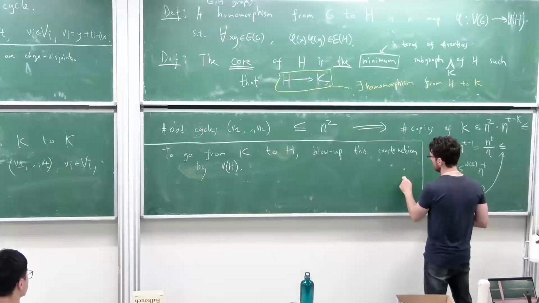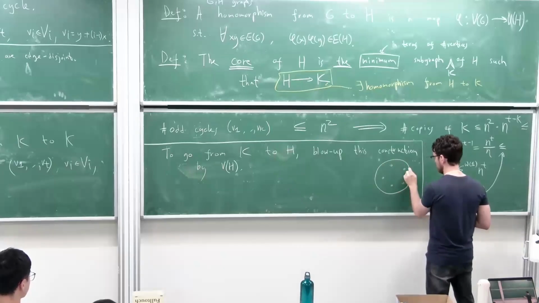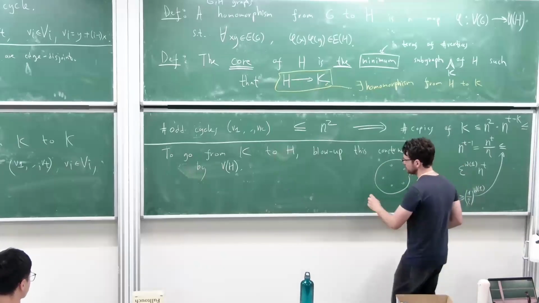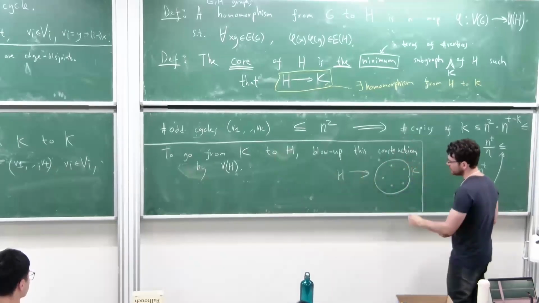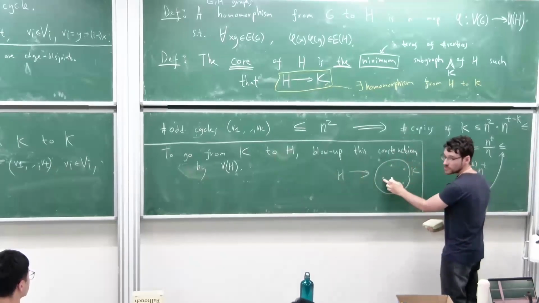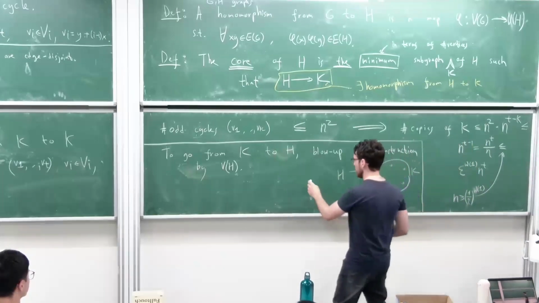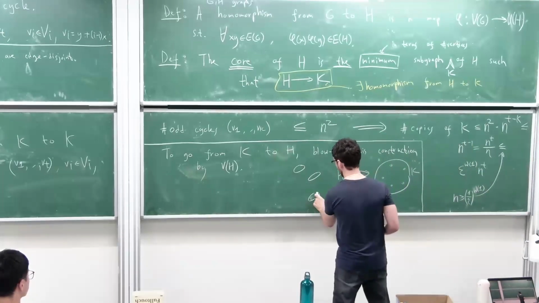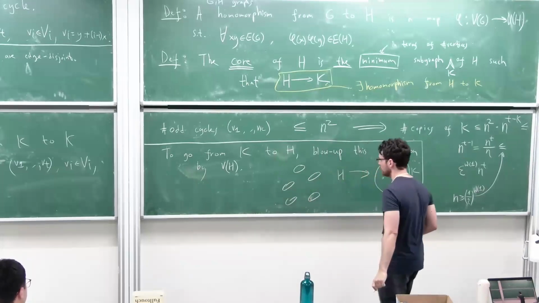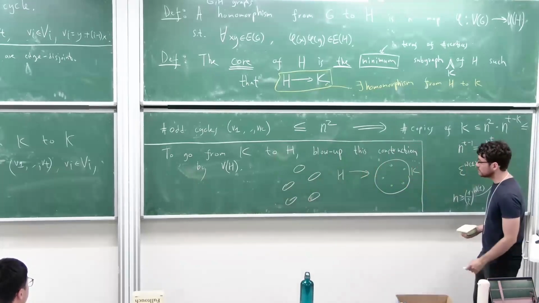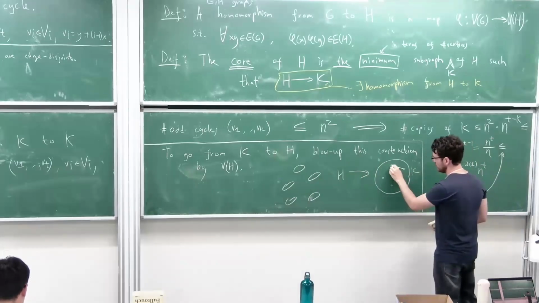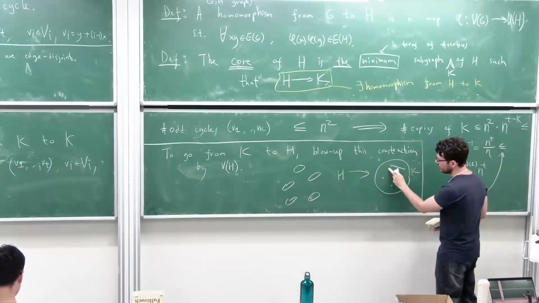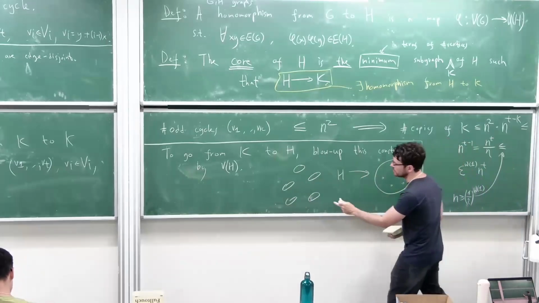Right. So if this is K, then there is a homomorphism from H to K. And now, if we look at the images of the vertices, then that means that we have a partition of H according to the 3 images. So just, you know, if there is no edge here between these 2 vertices, then there can be no edge.